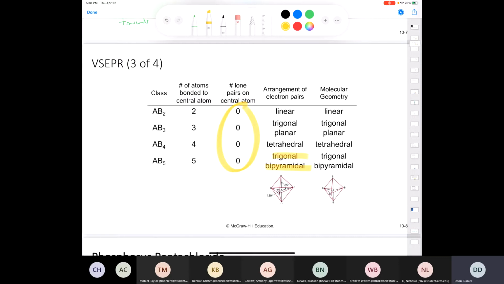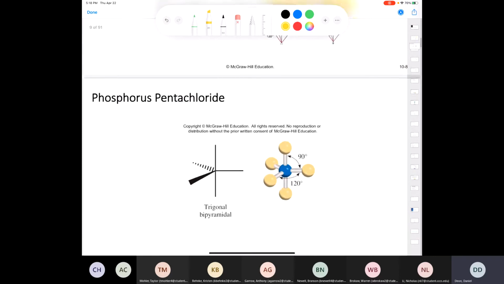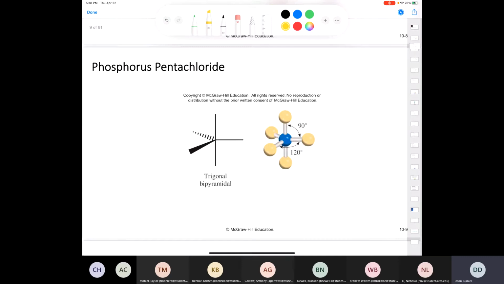Again, since we have no lone pairs, the electron geometry and the molecular geometry are identical, and we end up with what's called a trigonal bipyramid. Now, an example of a trigonal bipyramid would be phosphorus pentachloride, right? What's phosphorus pentachloride? It's PCl5.